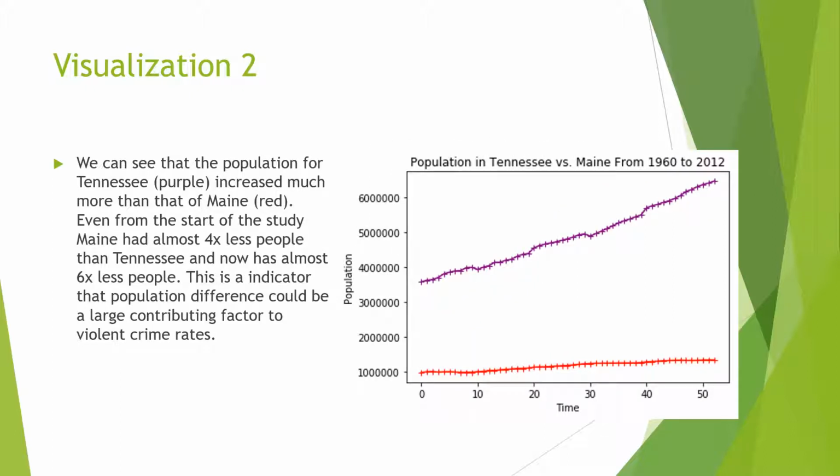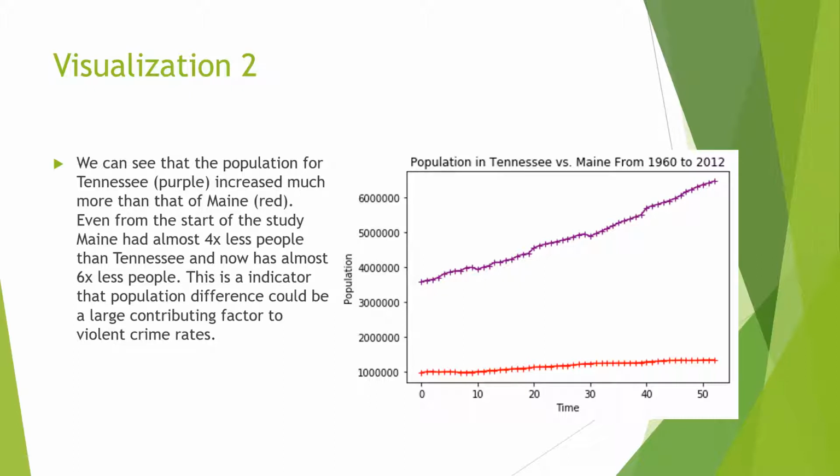Including more variables in a study is a better way to increase the accuracy and precision of the study. So I've also included a visualization that compares the population in Tennessee versus Maine over the same period of time that we looked at violent crime rates. We can see that the purple line, which is still Tennessee, has had almost 4 times the amount of people than Maine has had.